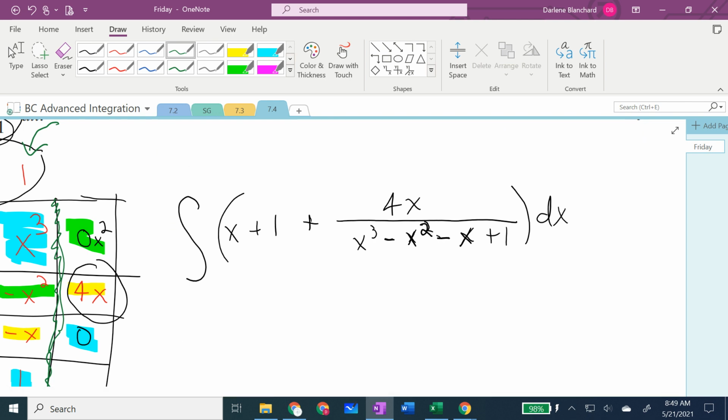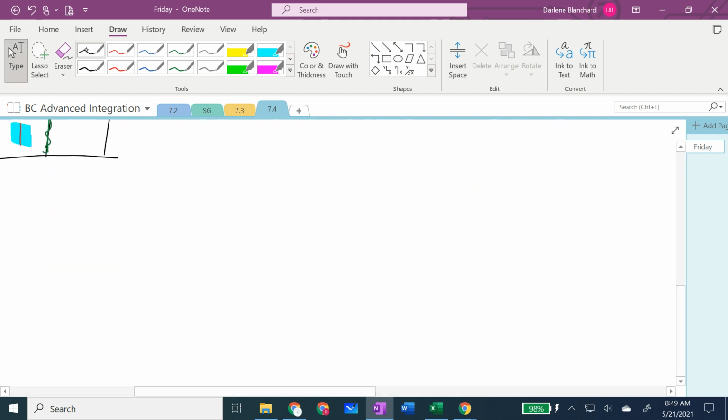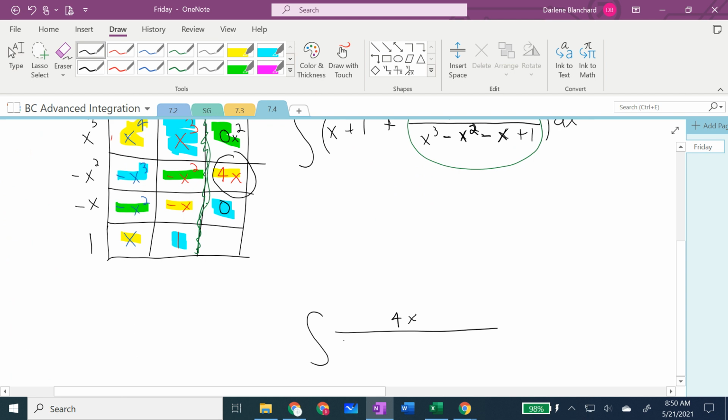We need to figure out what to do about this. And so I'm going to grab that and move it aside. And that was x cubed.